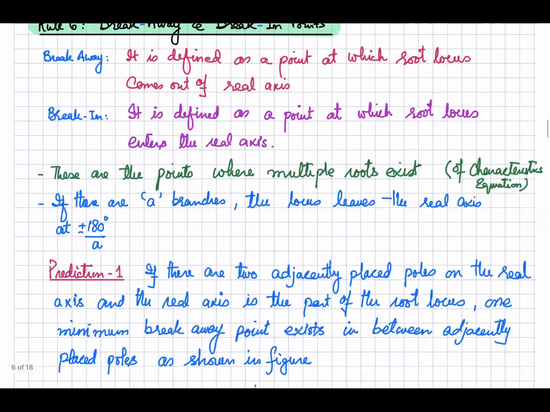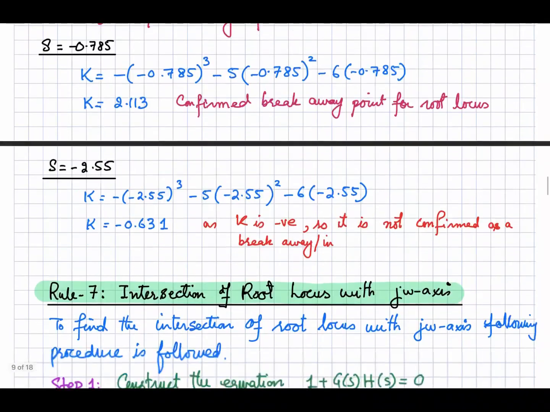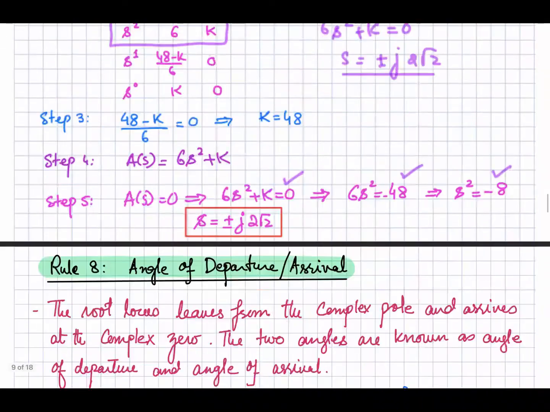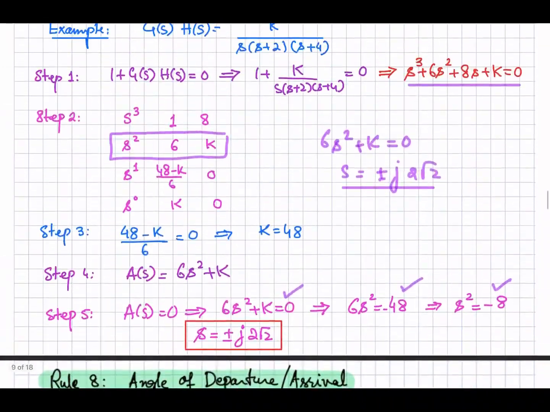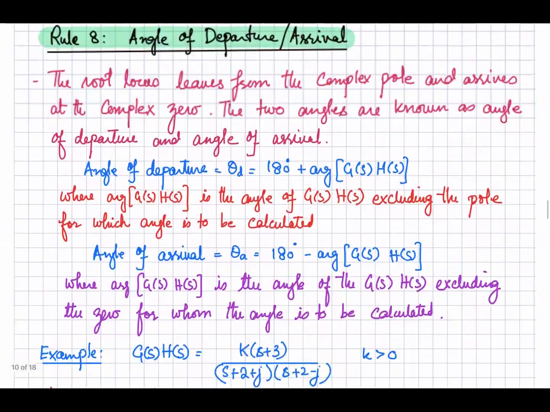So rule number 7 is related to the j omega crossovers and the calculation of the gain k, that is, for which value of k the roots will cross the j omega axis.